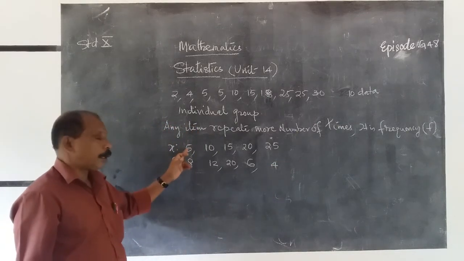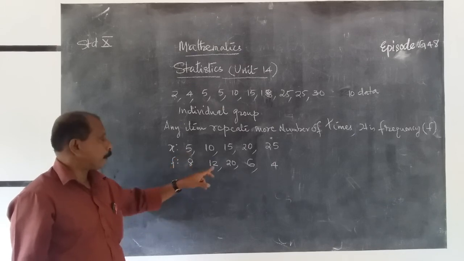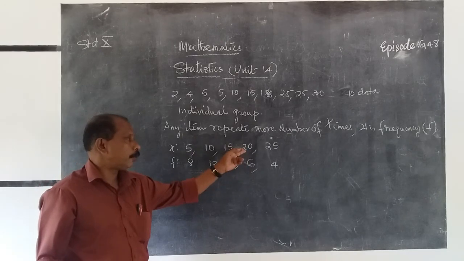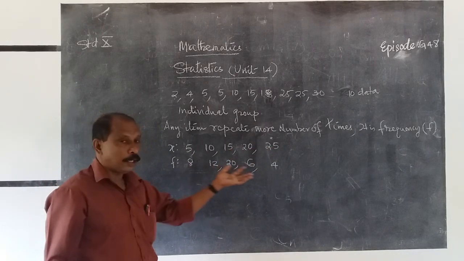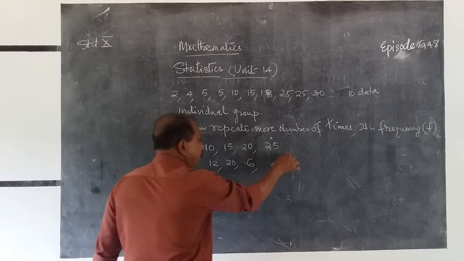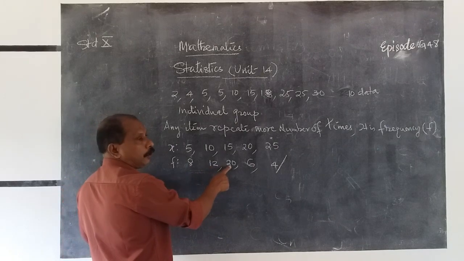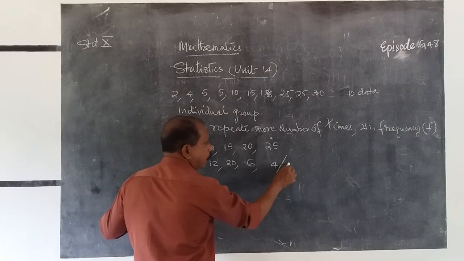That means there are eight 5s, twelve 10s, twenty 15s, six 20s and four 25s. These values are the frequencies, and the sum of these frequencies: 8 plus 12 is 20, 20 plus 20 is 40, 40 plus 6 is 46, 46 plus 4 is 50.